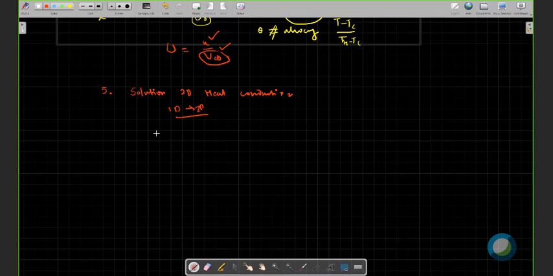We considered the first case, the explicit case, and in this explicit case there is no simultaneous solution of equations. We can straightforwardly calculate the values of the unknown variables.